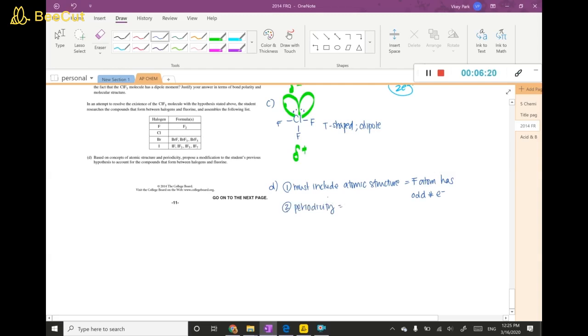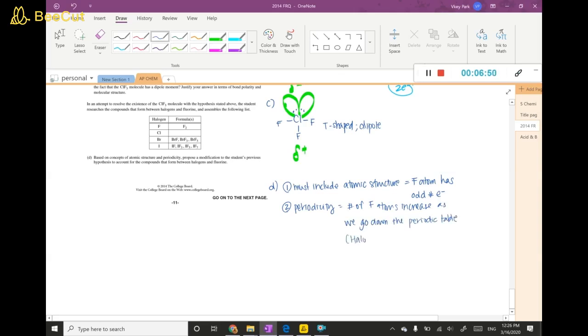we can say that the number of fluorine atoms increases as we go down the halogens, like the halogen column.